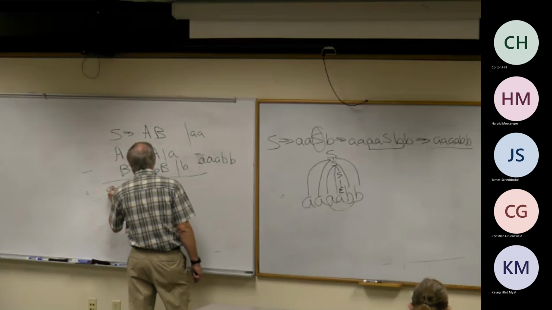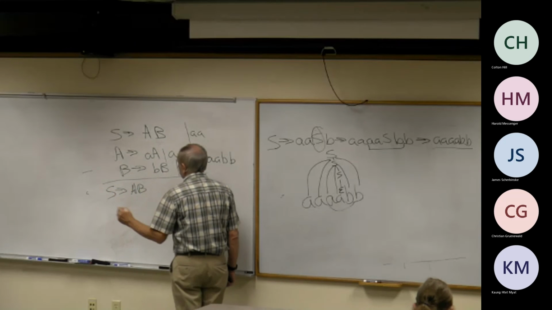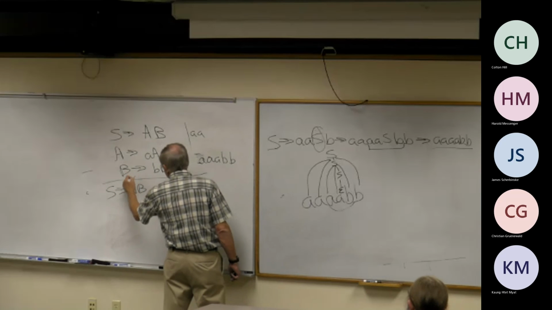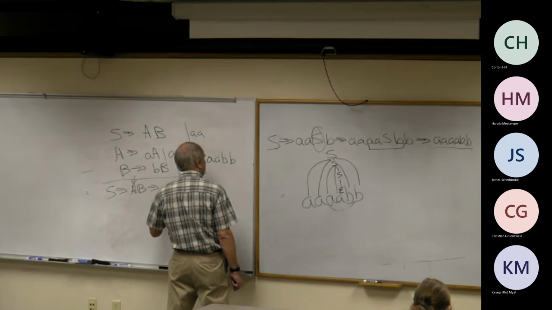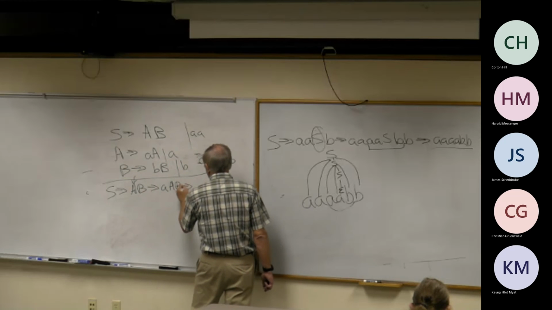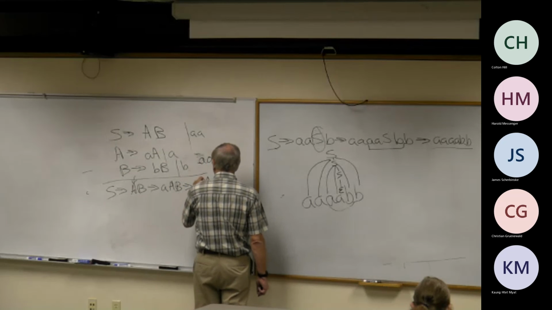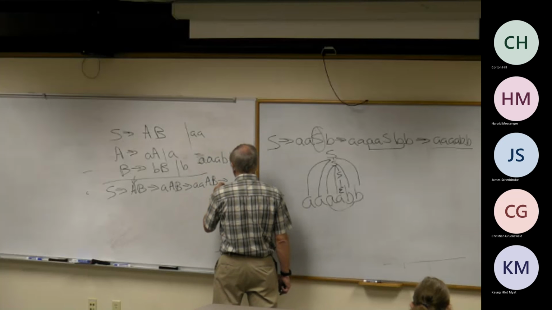So we go S, we replace with AB. Now if we do leftmost, we're always going to take the left-hand symbol to replace. So we replace that A with A, A, and finally.